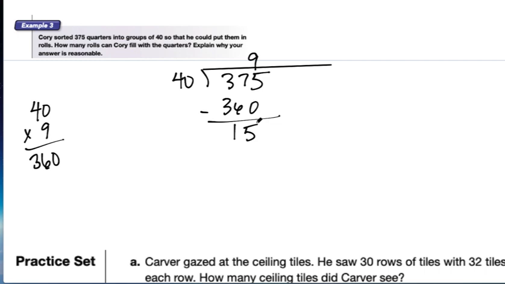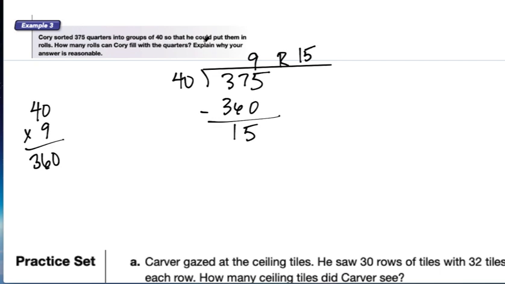Subtract, I get 15. And since I'm talking about quarters and real things, I'm not really going to go for the decimal answer because it doesn't make much sense. This quotient, 9, means that he will fill 9 rolls with his 40 quarters per roll, and he'll have 15 left over. So this is a great place to use remainder 15 and not go decimal or fraction crazy.